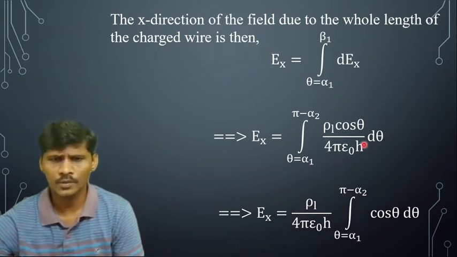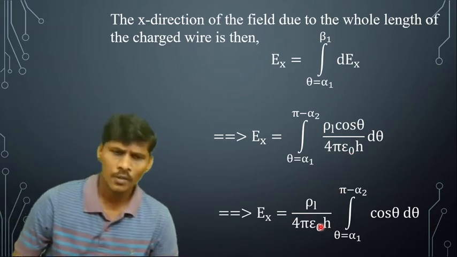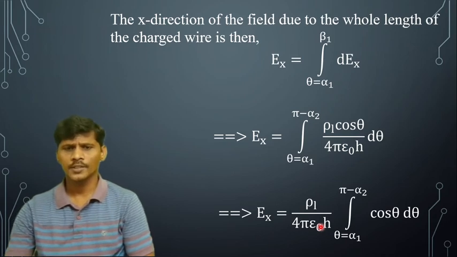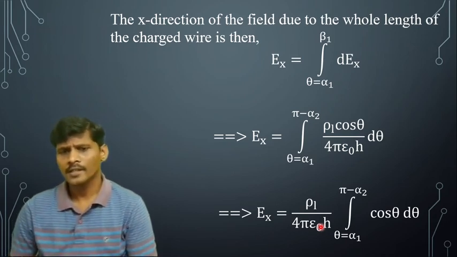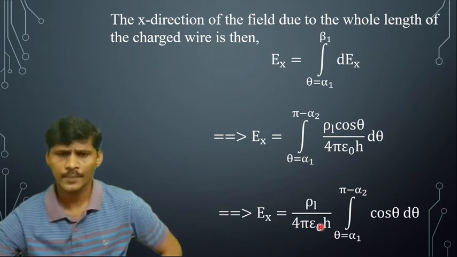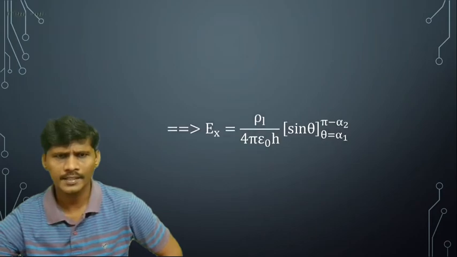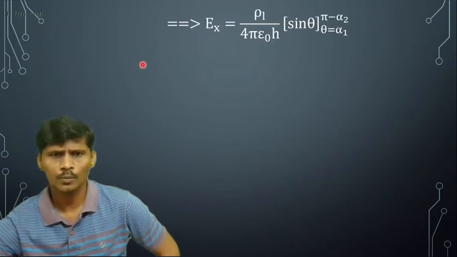Integrating with respect to theta, the remaining factors are constant, so they are written before the integration: rho l by 4 pi epsilon naught h into the integral from theta equals alpha 1 to pi minus alpha 2 of cos theta d theta. The integral of cos theta is sin theta, evaluated from alpha 1 to pi minus alpha 2.